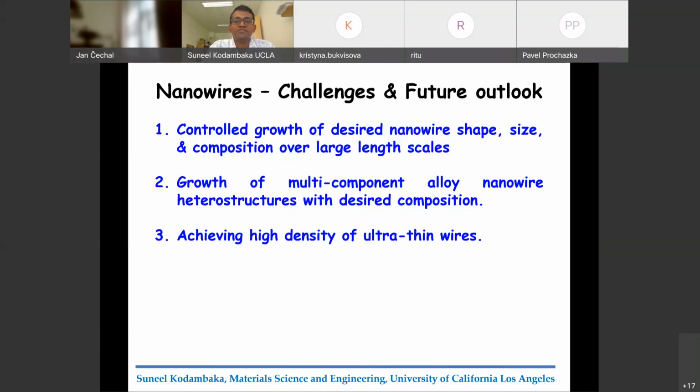In terms of challenges, it's always been the case, and it's still the case, that if you were to compete with the silicon microelectronics industry, you need to be able to grow ultra-thin silicon nanowires. When I say ultra-thin, I mean sub-10 nanometer diameter wires.